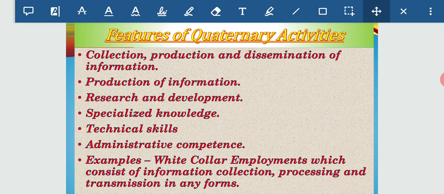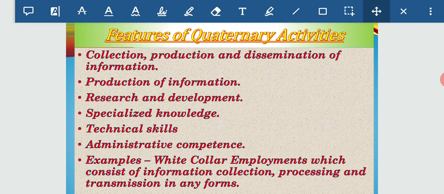And lastly, they spread the knowledge among the children. So they are collecting the information, producing it in their own manner, and then spreading it among the children. So this is the first feature. Second, production of information. They produce the information.